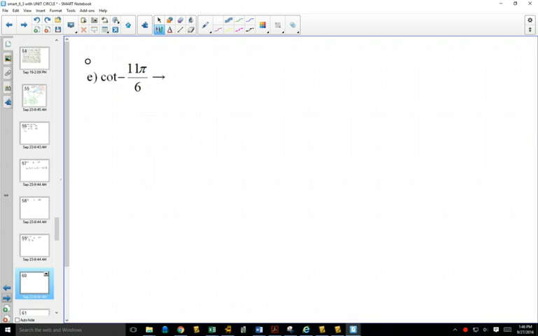Cotangent. So again, we're going to be thinking about tangent of negative 11 pi over 6. Don't flip the angle. We're looking at our pi over 6 family. And what quadrant would a negative 11 pi over 6 be?